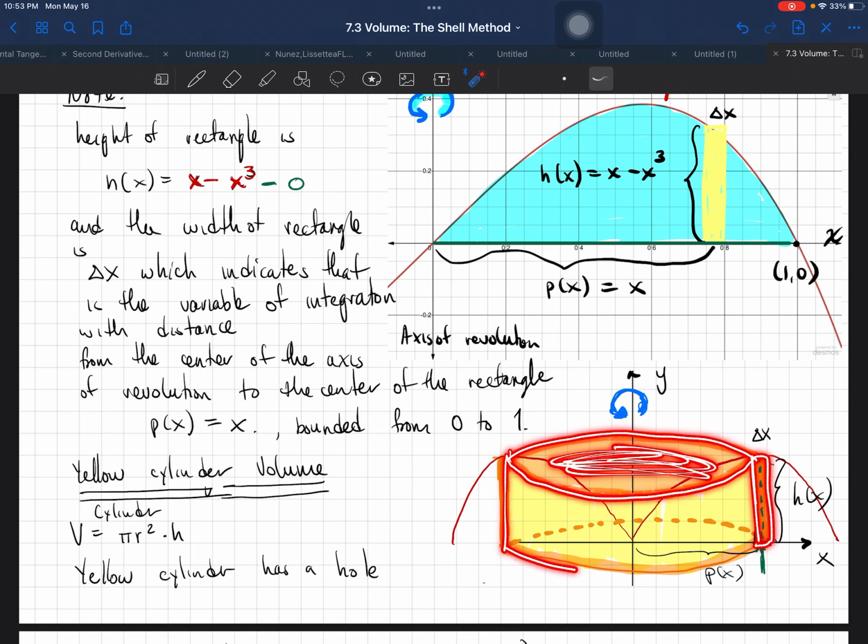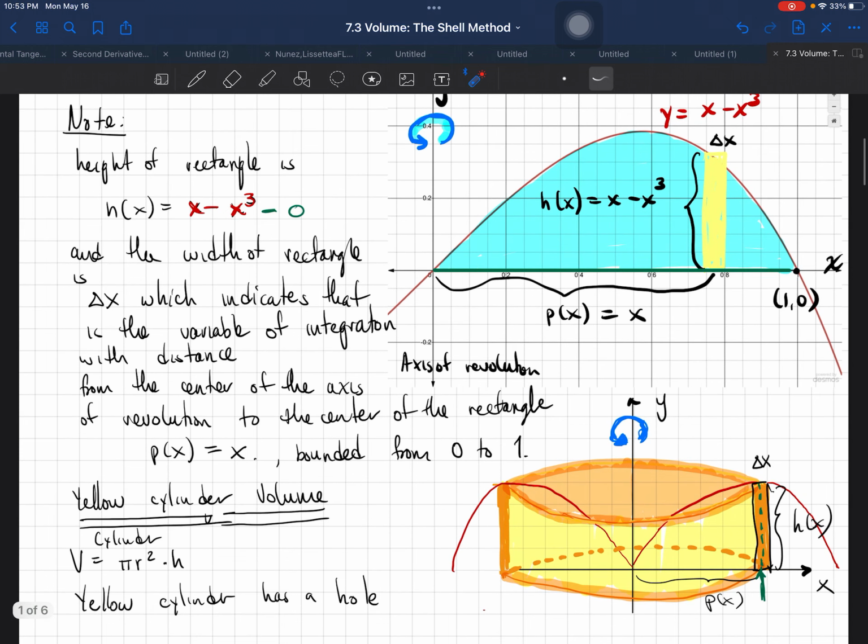If you think about it, you can see the cylinder, but instead of having a filling, it has a hole. I hope I did a good job giving you a good picture of how this looks. And you can pause it here so you can visualize it.